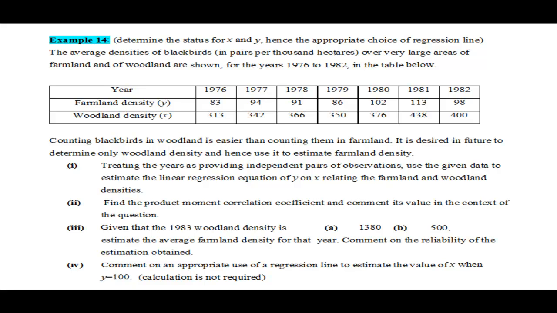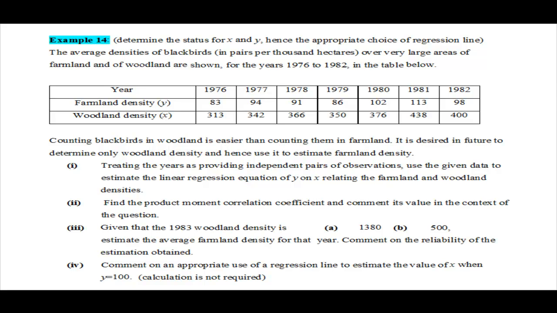In example 14, we're given a typical question on regression. In this context, we're looking at the average densities of blackbirds over a large area of either farmland or woodland.